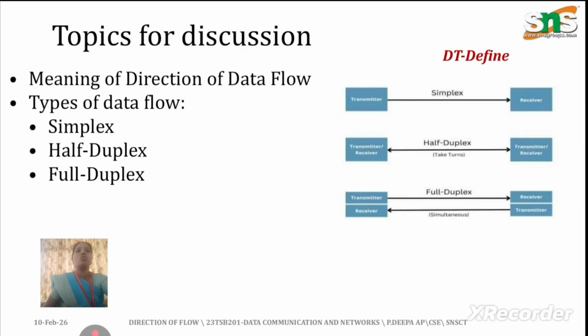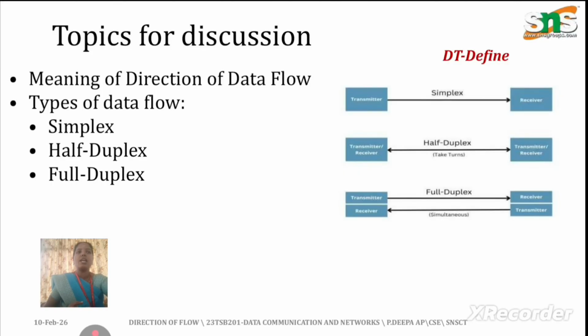Now let's move to half duplex communication. This type of communication is more interactive but still has a limitation. In half duplex mode, data can flow in both directions but not at the same time. Devices take turns to send and receive data.